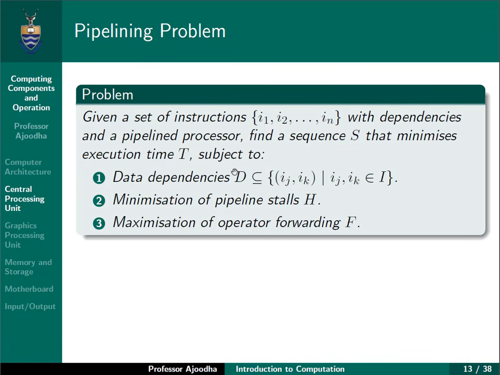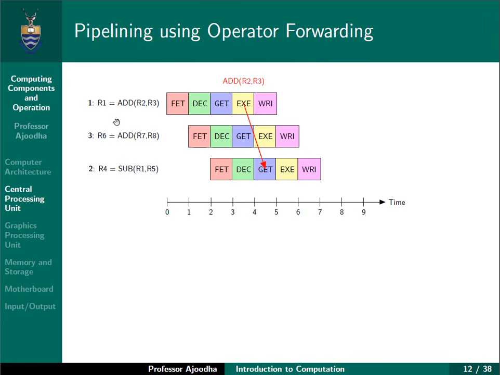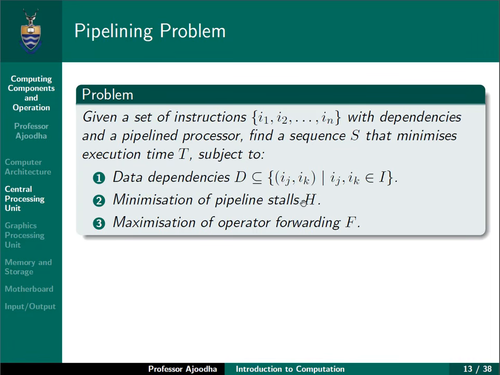So we want to really minimize the execution time, but the constraint here is that we want to have all of the dependencies in their proper order. If we need, for example, R1 to be used in instruction 2, then R1 should be updated before instruction 2 executes. So we need to satisfy these data dependencies.